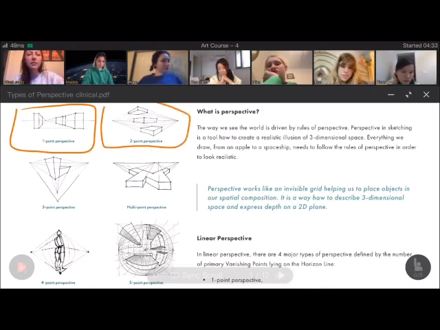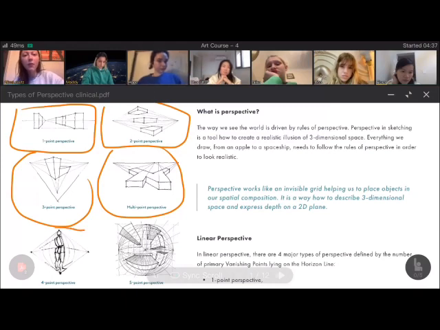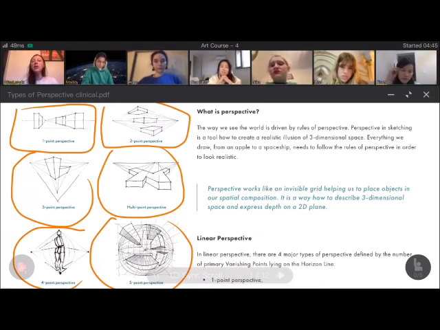Two point perspective, three, multi-point perspective, four point perspective, and five point perspective. So there can be lots of points of perspective. Just imagine that if I show you a cup and you go around it, you go above it, and you will see it from different angles. This is what different points of perspective means.